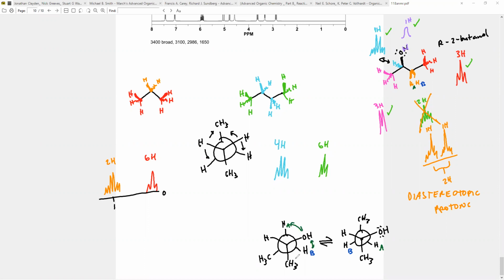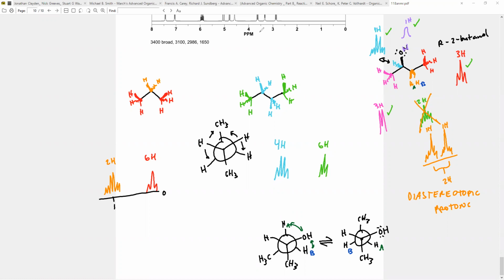So even when we rotate B into a position that makes it similar to HA, HA never rotates into a position to make it similar to HB. So this rotation doesn't produce an isomer that's exactly the same, where instead of having B and A here, it would be A and B, if that makes sense. So these two have to be different chemical environments. Even spinning won't save it.